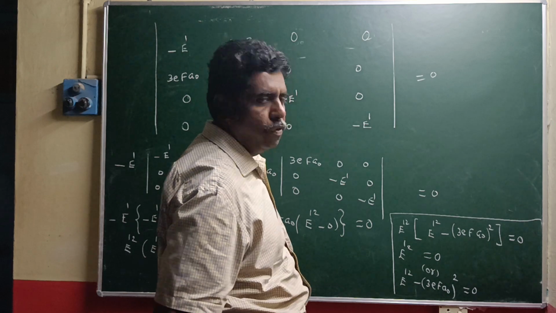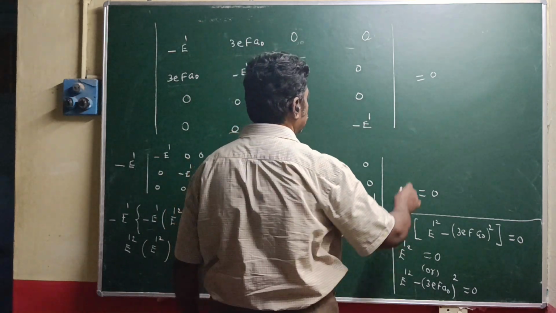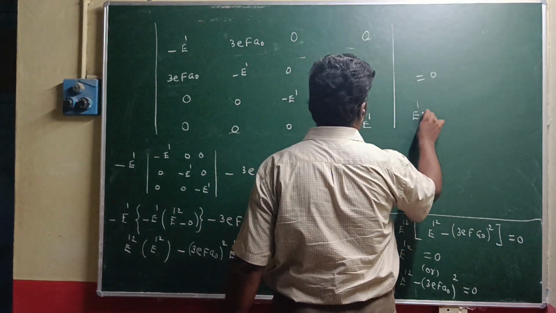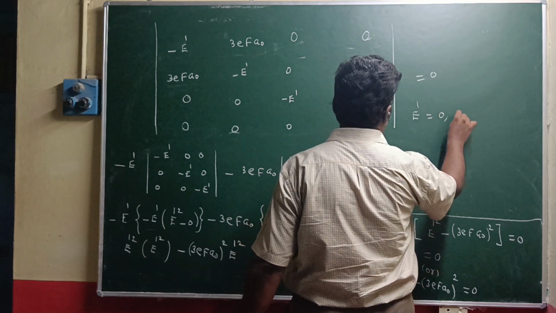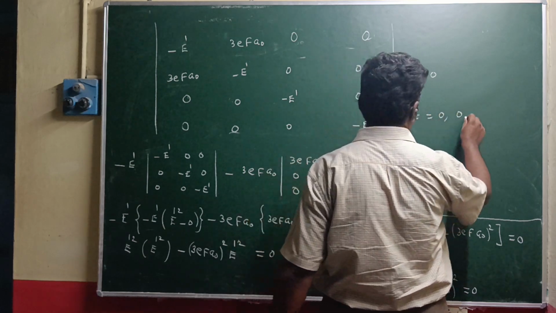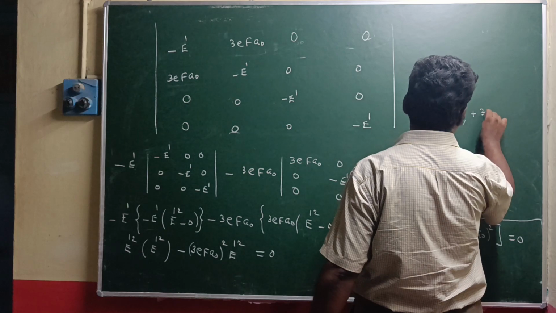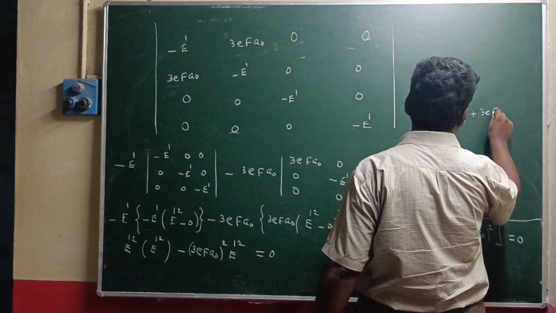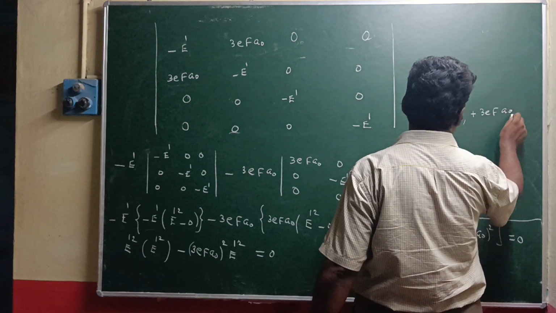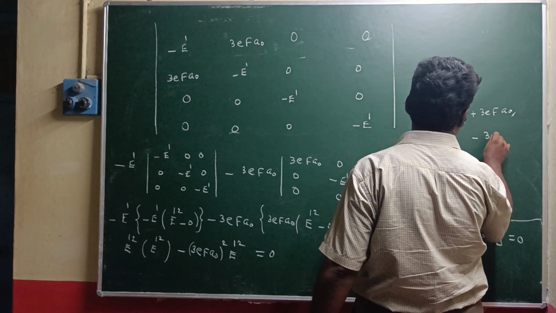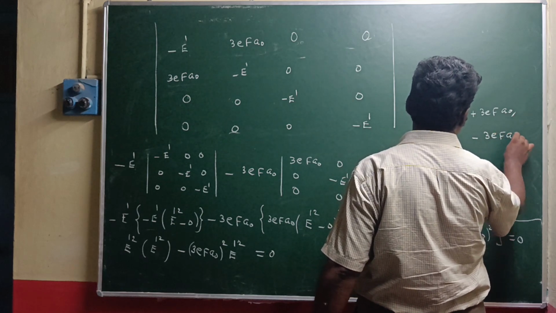Therefore, we can have 4 values: E1 equal to 0, 0, plus 3eF a0, minus 3eF a0.